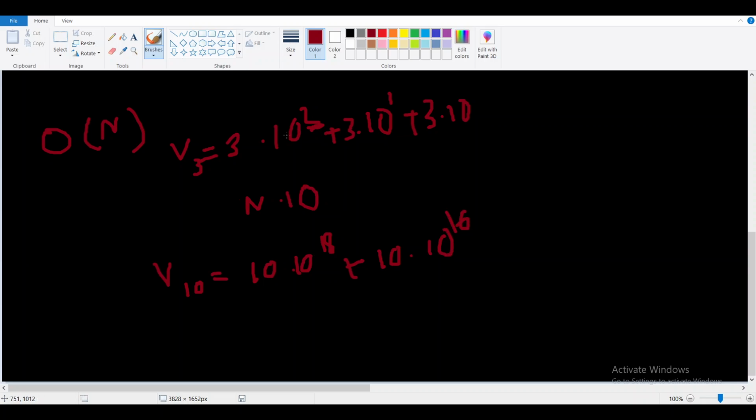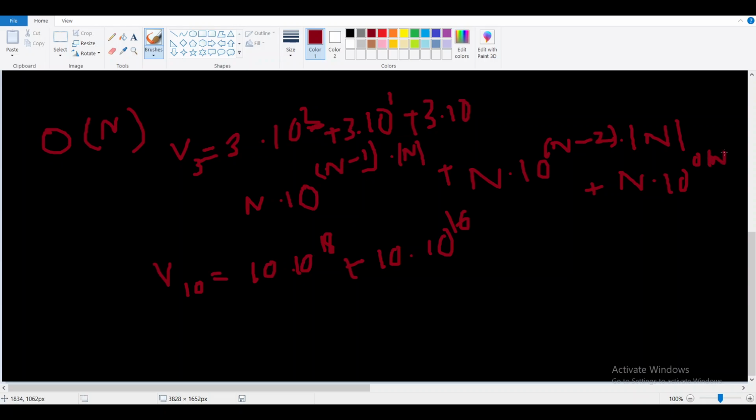So the first term is n times 10 to the power n minus 1 times the size of n, then n times 10 to the power n minus 2 times the size of n, like that, and at the end n times 10 to the power 0, which will be 1.